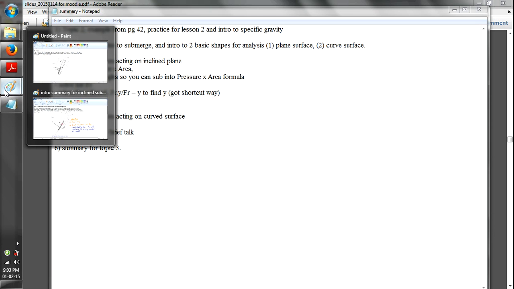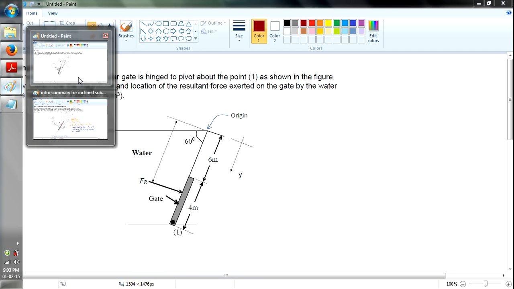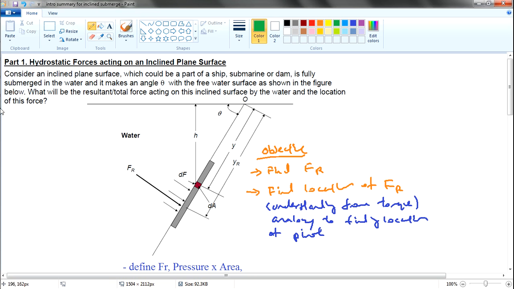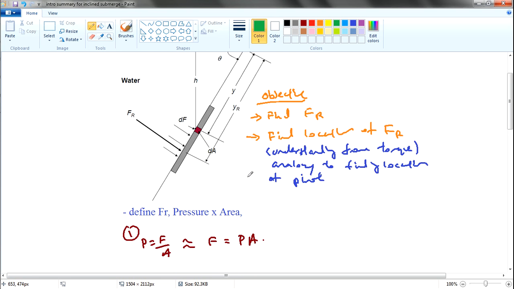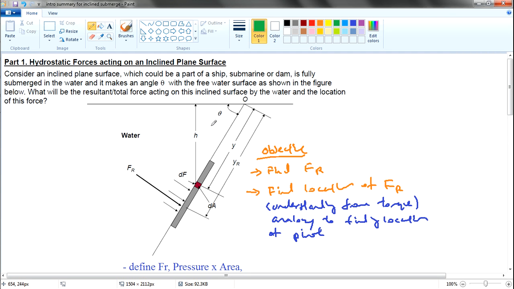Okay, so in order to attempt this question, the first thing you need to do is to understand the objective. The objective itself is to find the force acting on the plane itself, and the location of the force. You can say it's the location of the CG of the force.